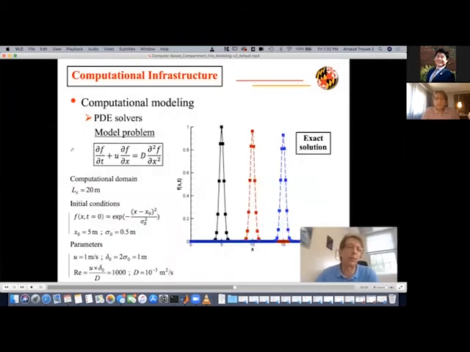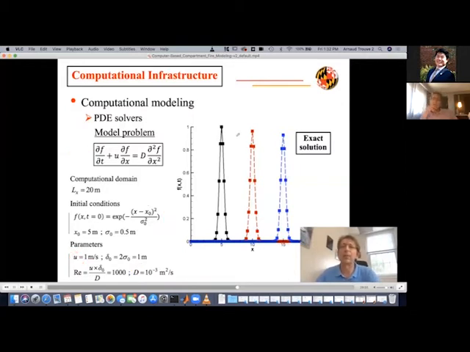Again, I'm considering my model equation, f as a function of x and t. I'm considering arbitrary initial conditions and specifying the condition of the test. I'm giving myself a convection velocity u and a specified value for the diffusion coefficient d. These values are just representative of what you may expect in practice.